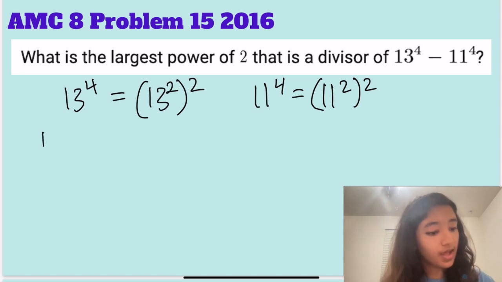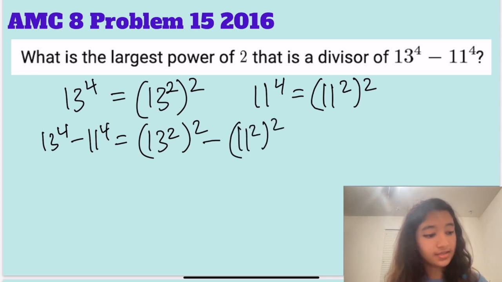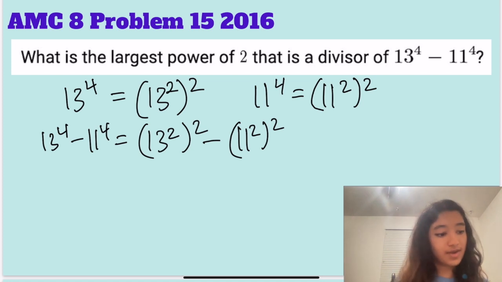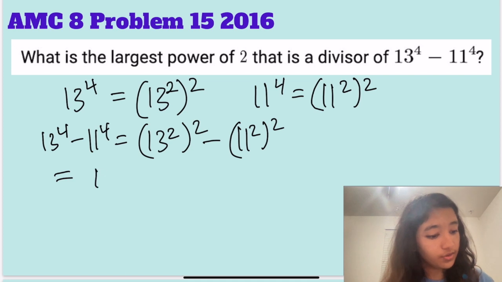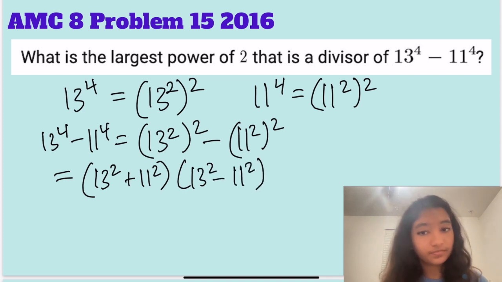So that means that 13 to the fourth minus 11 to the fourth is (13 squared) squared minus (11 squared) squared. And we know that the a squared minus b squared formula is (a plus b) times (a minus b). So we can just do (13 squared plus 11 squared) times (13 squared minus 11 squared).